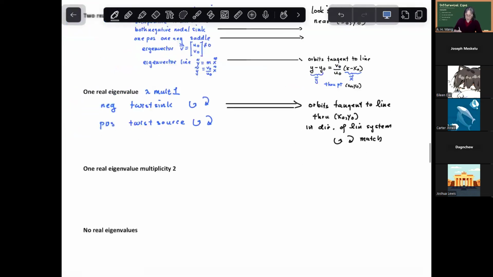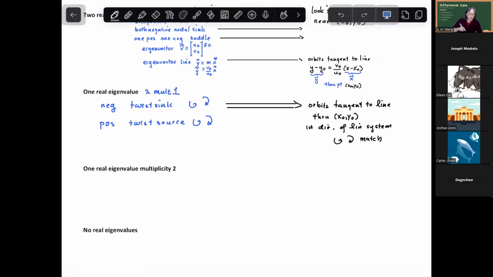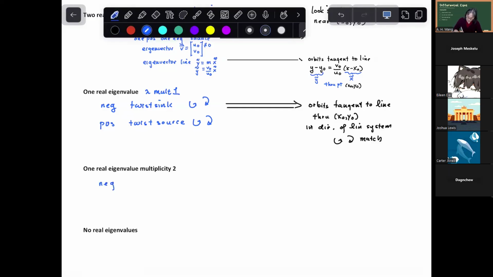Let's look at one real eigenvalue, multiplicity 2. When you have this, if it's negative, this will be a radial sink, and if it's positive, this is going to be a radial source.